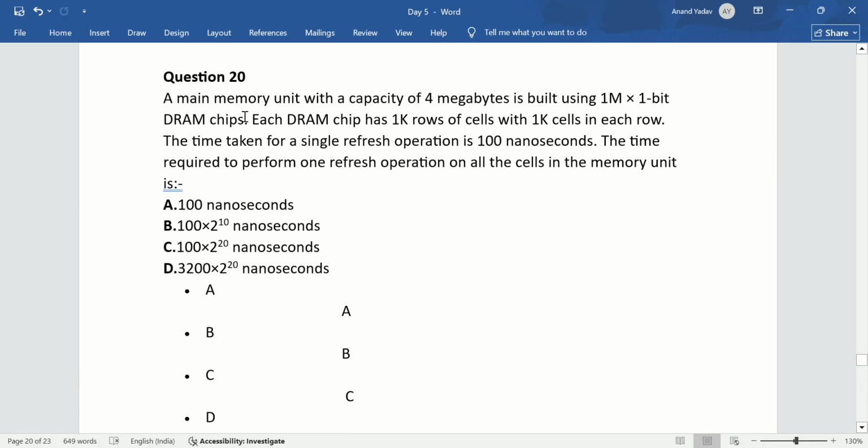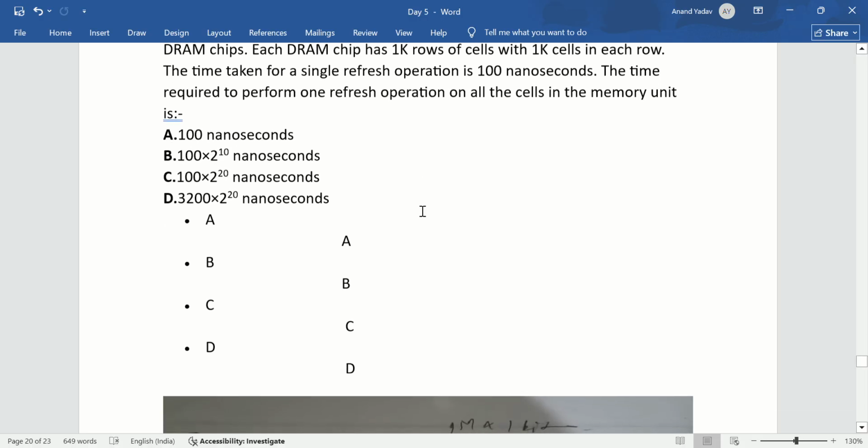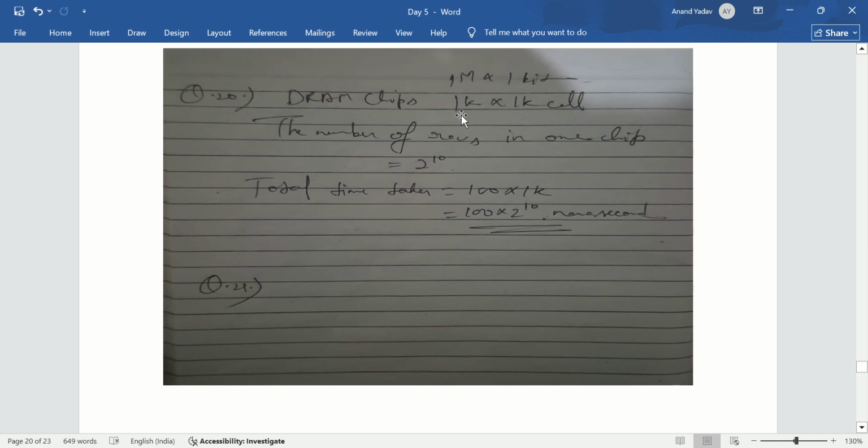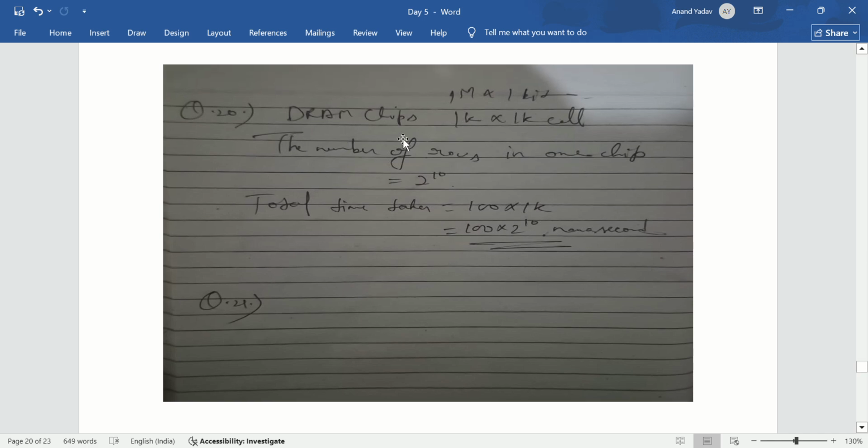Now the next one is question 20. A main memory unit with capacity 4 MB is built using 1 MB cross 1 bit DRAM chips, 1K rows of cells with 1K cells in each row. The time taken for a single refresh operation is 100 nanoseconds. So there are total 1000 rows. For the total refresh time, I will solve this way.